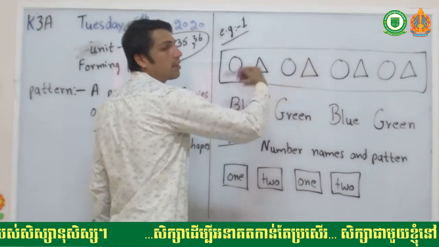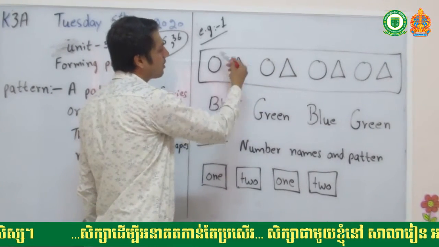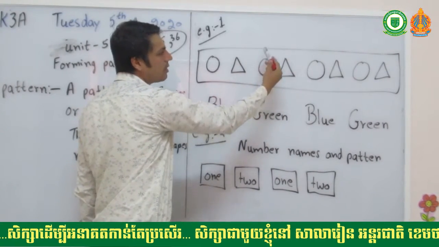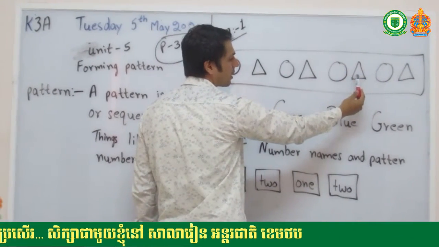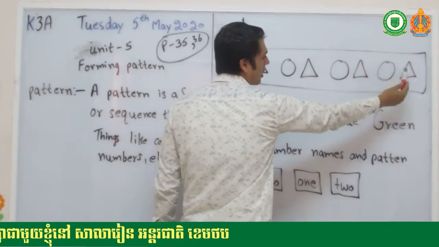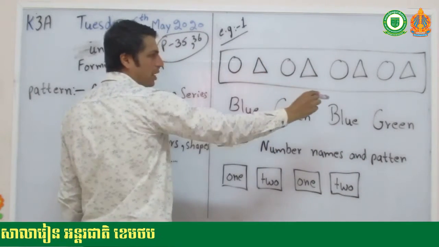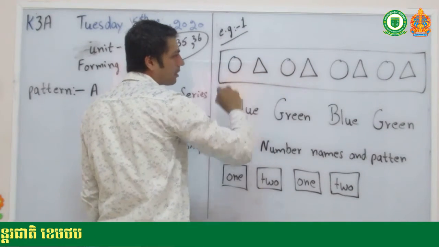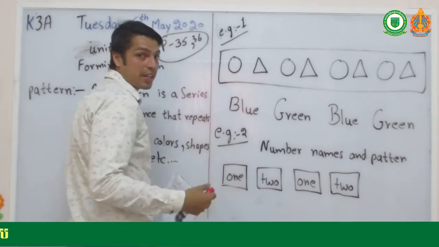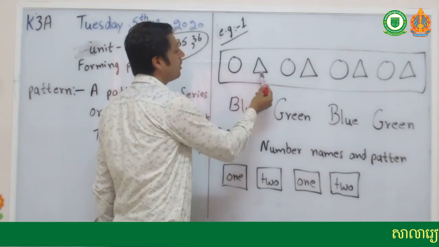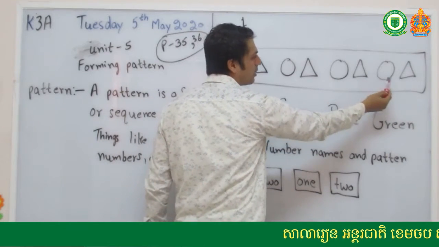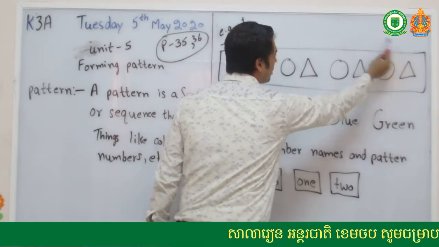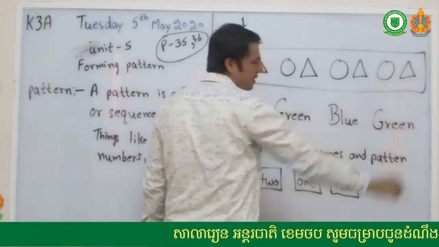So it repeats: circle, triangle, circle, triangle. We have two shapes here, and the sequence is repeating, and we have a pattern.